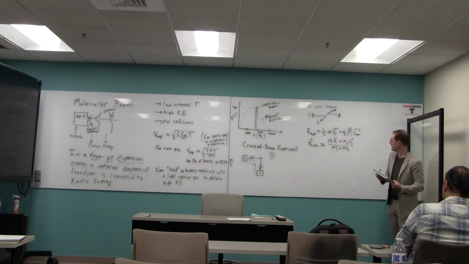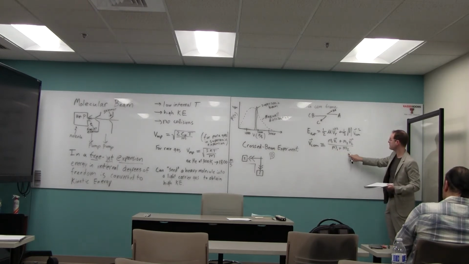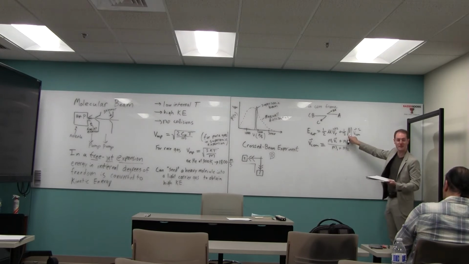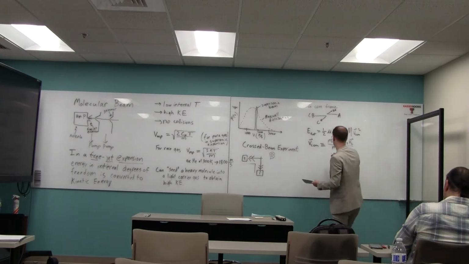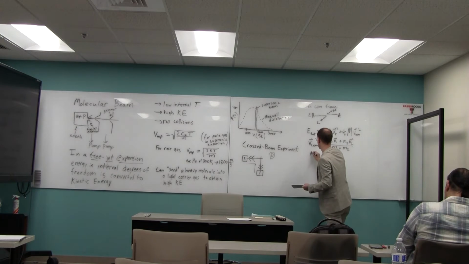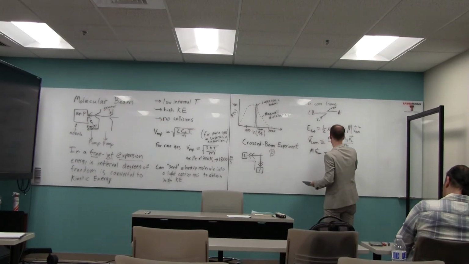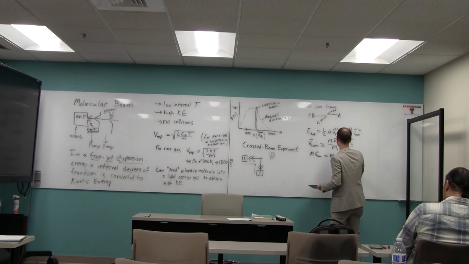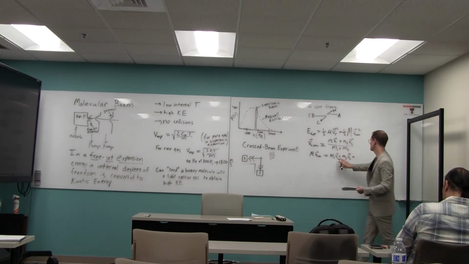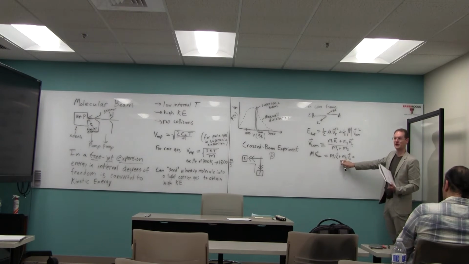Okay? And so as a consequence of this definition, this quantity in the denominator here is the total mass M. So M times the center of mass velocity vector is equal to m1 v1 plus m2 v2, which is simply equal to what?